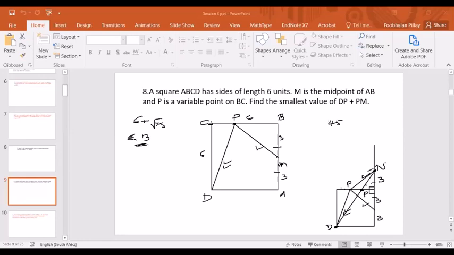Okay, I'm going to just take out all the other things in this diagram. And so now what is the smallest possible sum? The smallest possible sum is DN. That's the shortest distance between 2 points. Right?